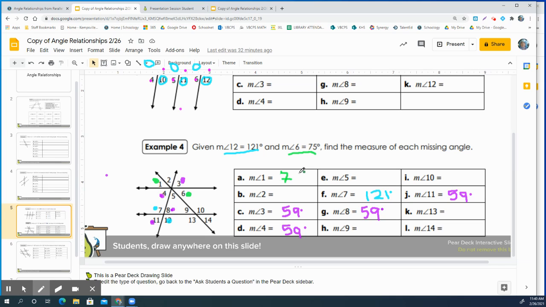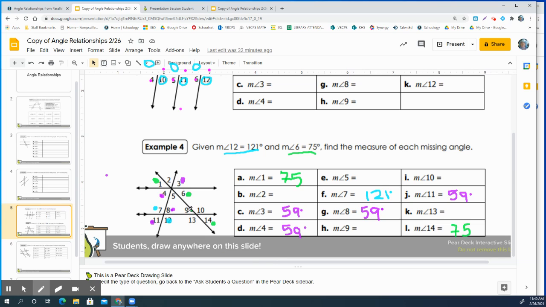What do we think? I think yes too, because I can slide 16. It's on the southeast side of the top angle, and I can slide it down here. So angle 14 is on the southeast side over here. So I've got 75.